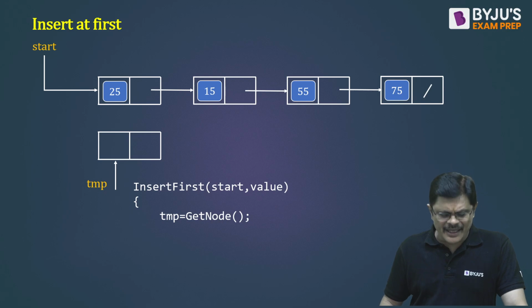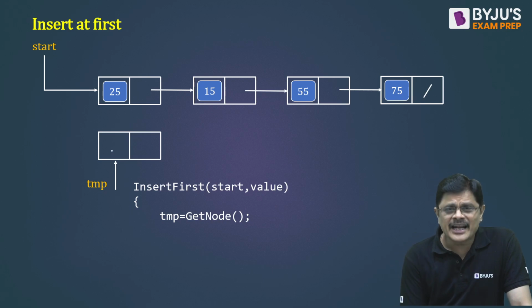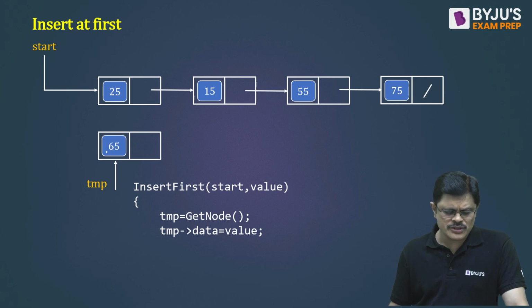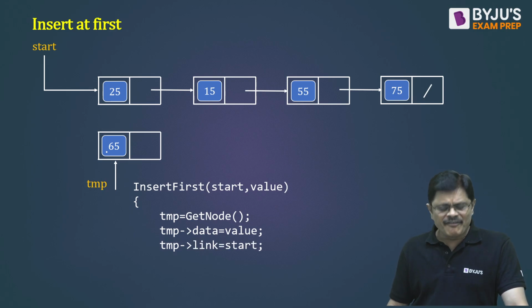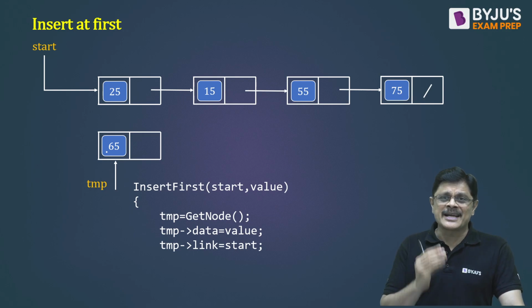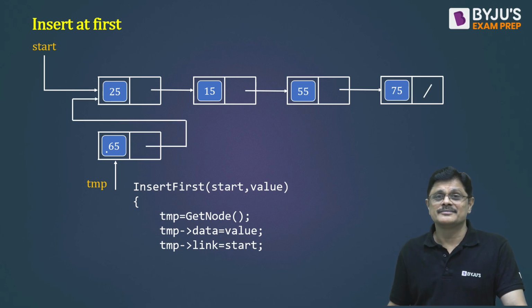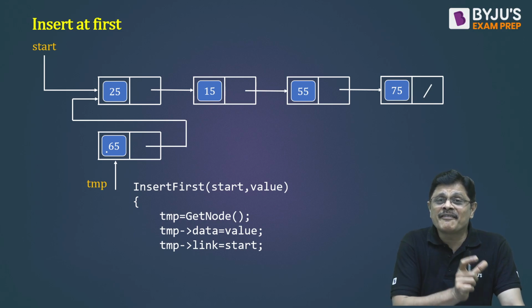This is the data field and link field. The data field is updated with the value, suppose say the value is 65. Because you want to insert at the beginning, you connect the link of this temporary node to start. That is, TMP link will be start. So automatically this node becomes the first node.